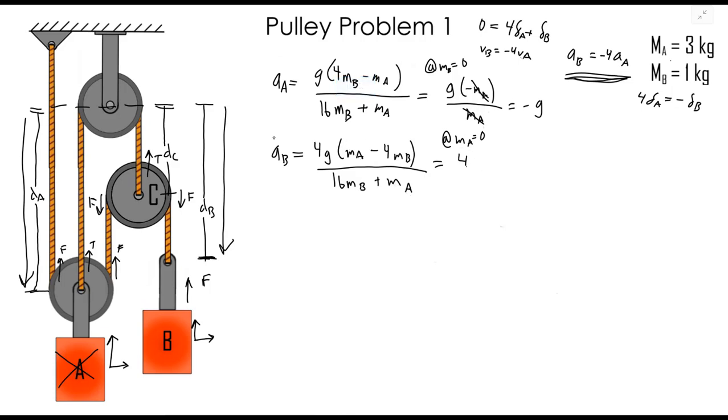Anyway, so it's 4g minus 4MB over 16 MB. What will we know? The mass for B cancels. And then also 4 times 4 is going to be 16, so that will cancel with the denominator. And then what are we left with? Negative g again.